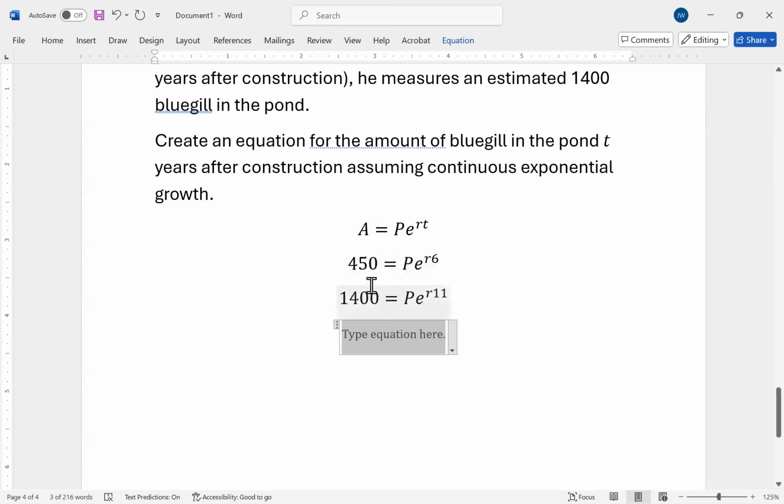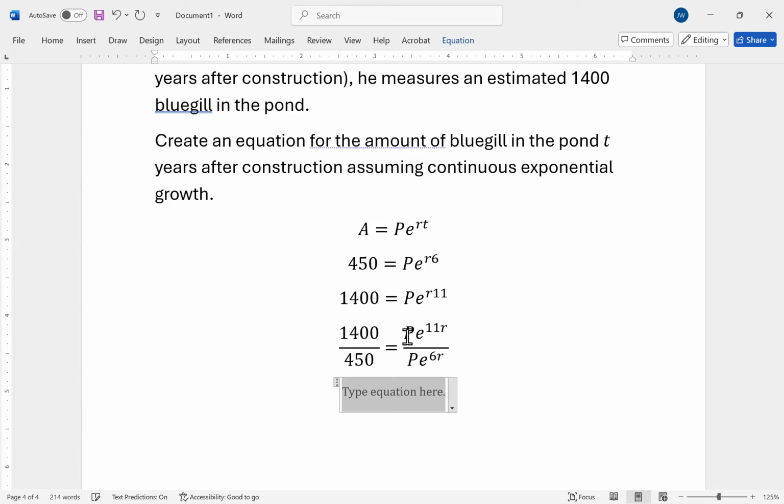Since 450 is equal to P times e to the R times 6, I can take 1,400 and divide it by 450 on the left-hand side and set that equal to P times e to the 11R, I'm going to write that as 11R instead of R times 11, divided by P times e to the 6R.